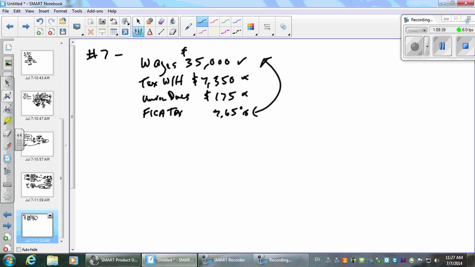What's 35,000 times 7.65%? How much are we going to withhold? This is going to be the withholding and our expense. How much is that? $2,677.50.